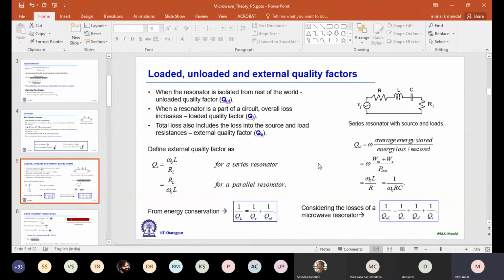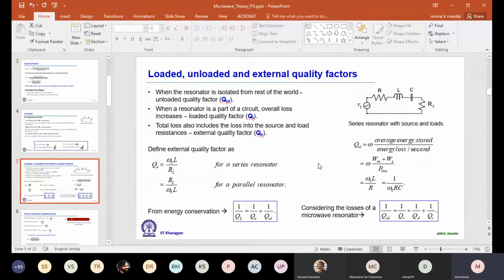Now, practically, we are going to connect this resonator in circuit applications. So the moment you introduce it to some circuit, we have some obvious coupling between the resonator and maybe your cord or some other parts of your circuit. So now, if you measure the quality factor, what will happen?